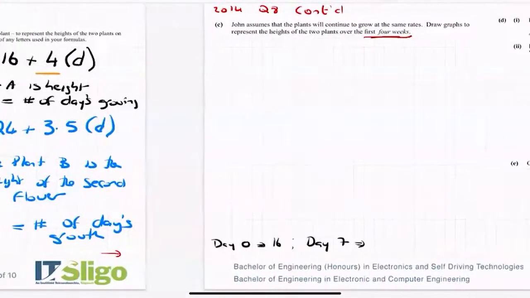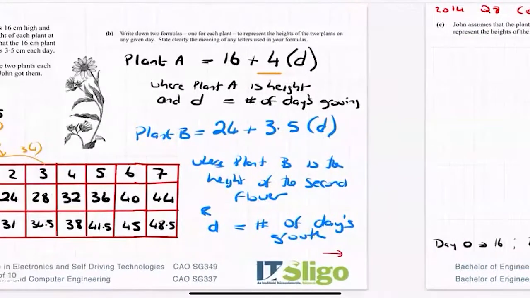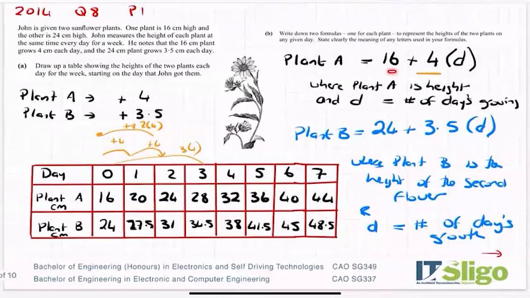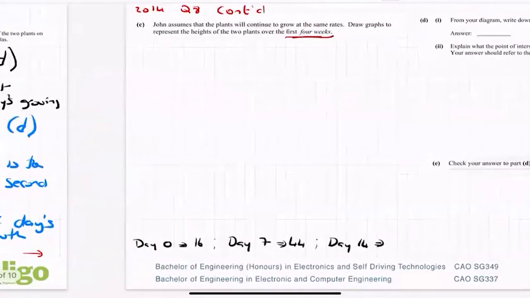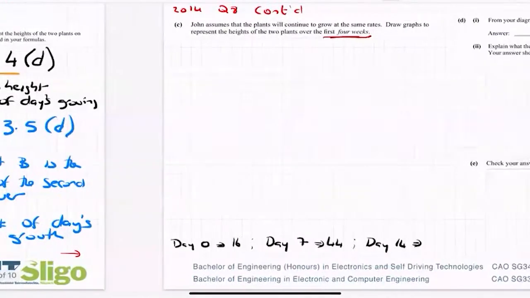At day 7, I'm 44. At day 14, I would be, let me use my formula. So into my calculator, I'm going 16 plus 4 times 28. So 128. No, day 14, sorry, I did day 28 there. I would be 72.